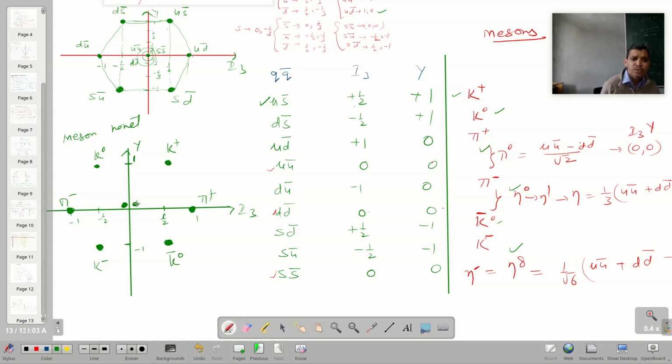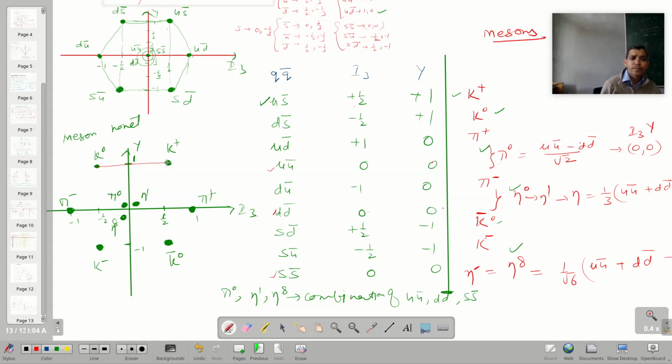So these 3 particles, pi naught, eta 1 and eta 8, can be written in the form of a combination of UU bar, DD bar and SS bar. This we have to keep in mind, right?